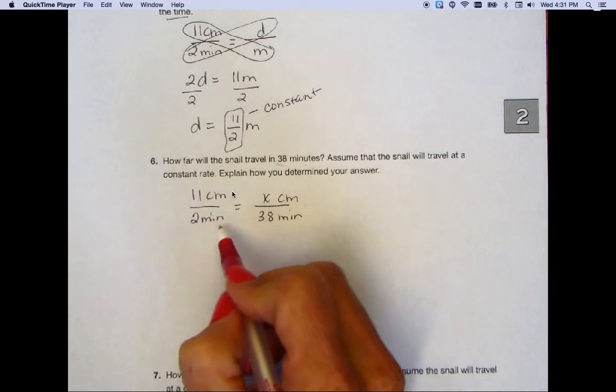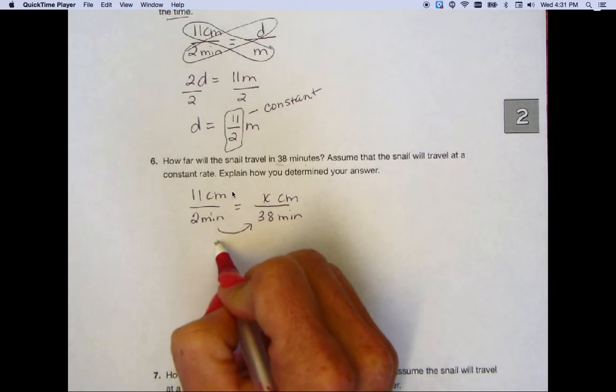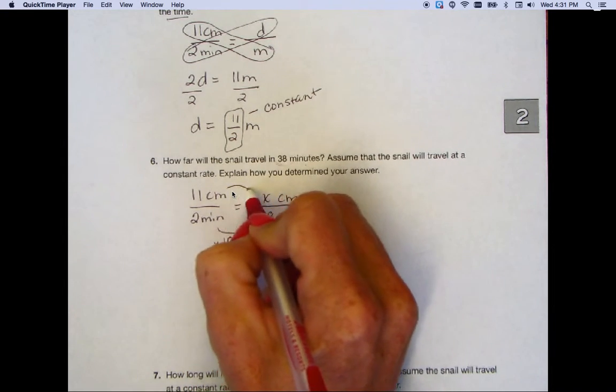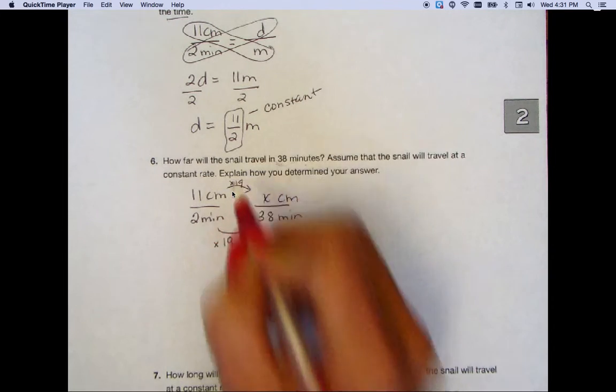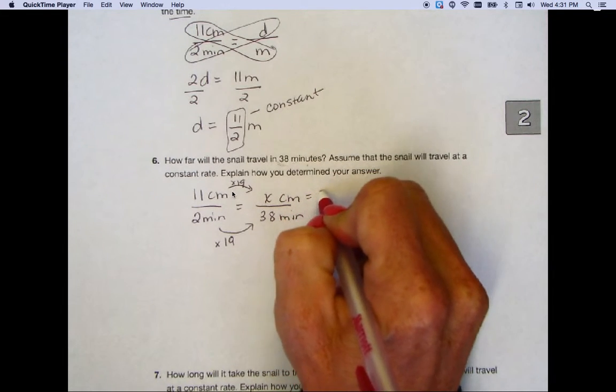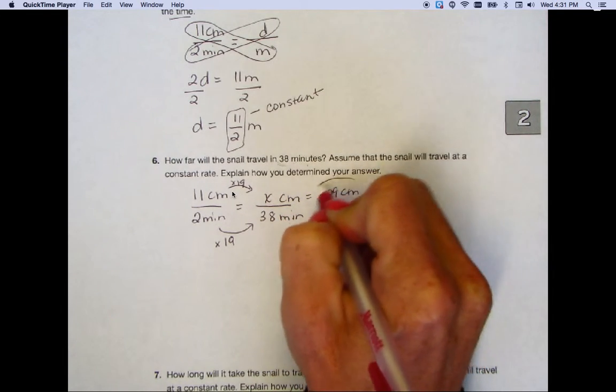I'm not even going to use means and extremes. I see that 2 times 19 is 38. So if I take 11 times 19, I'll get my solution, which is 209 centimeters.